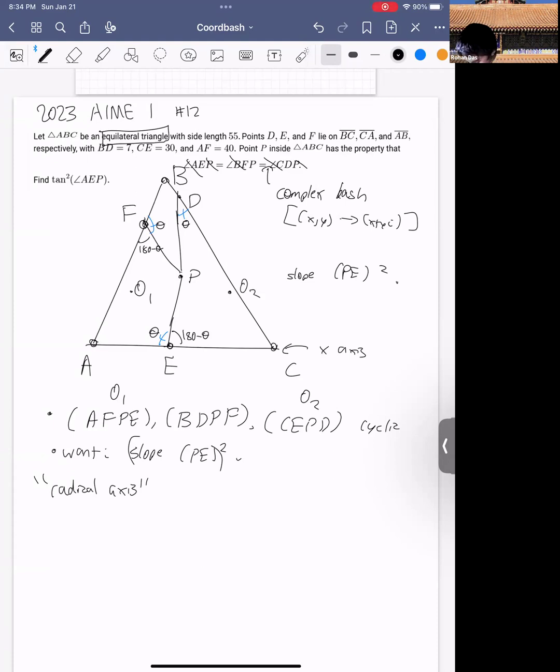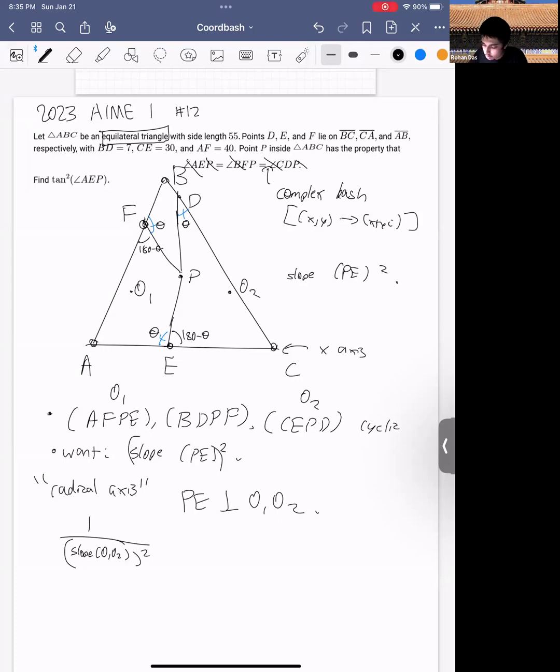then PE is perpendicular to O1O2. So what we really want is 1 over the slope of O1O2 squared, and it suffices to find the slope of O1O2 to do that. And now we have two quadrilaterals, both of which involve P, but also three other points.